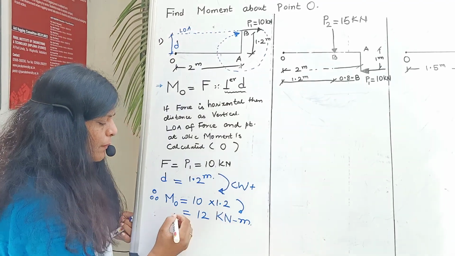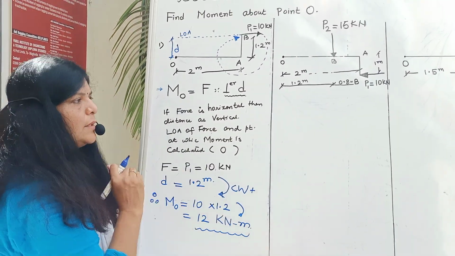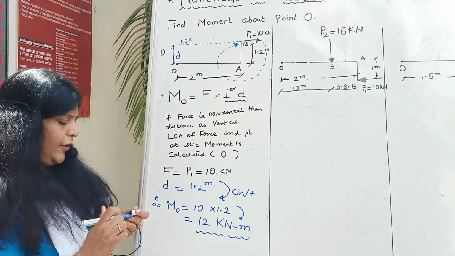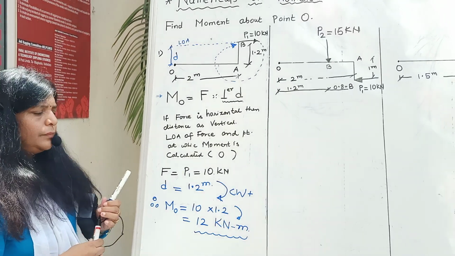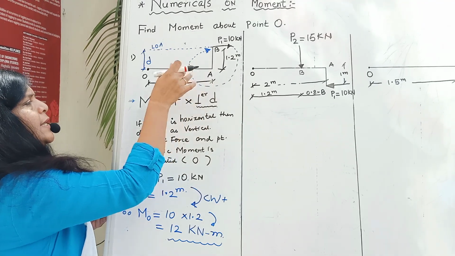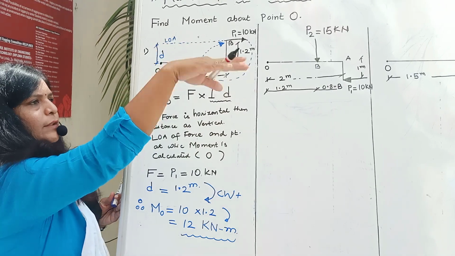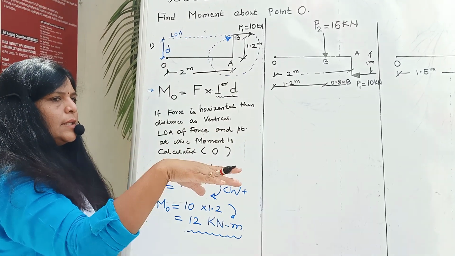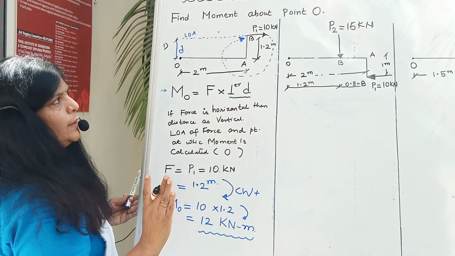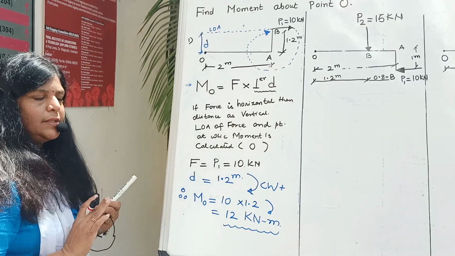So kilonewton meter is the answer for moment about O. Basically, students get confused that if the horizontal force is acting, they consider the distance as OA. No, as the force is horizontal, the distance will be vertical because we have to take the perpendicular distance. So we are extending the line of action and finding out the distance.